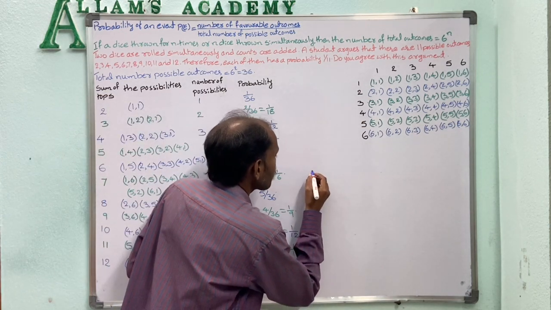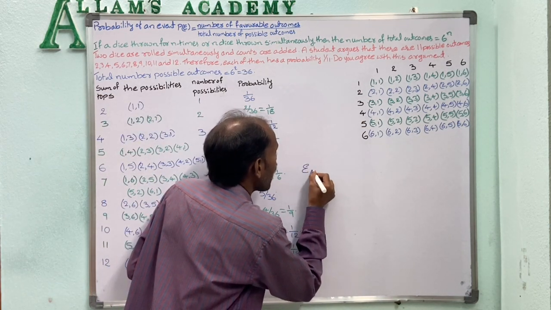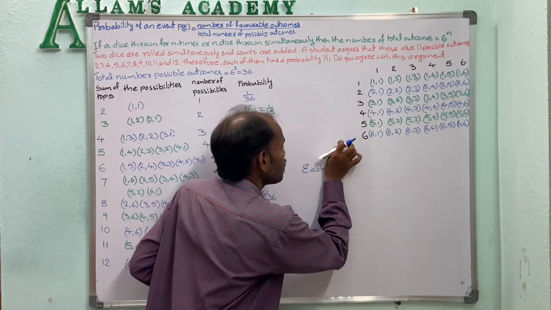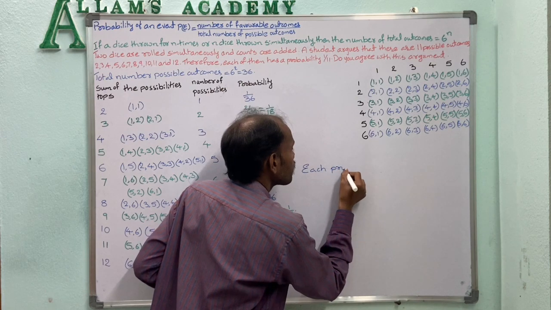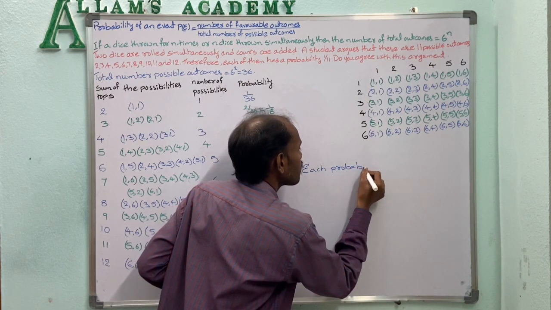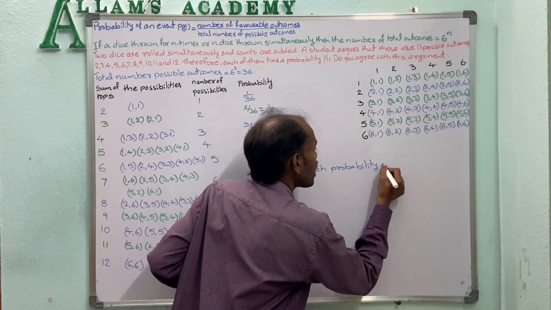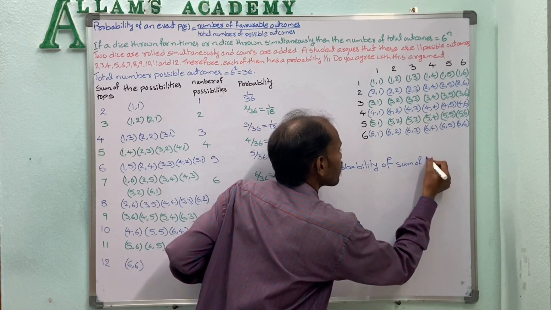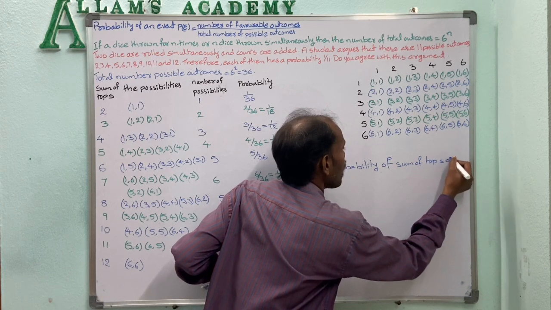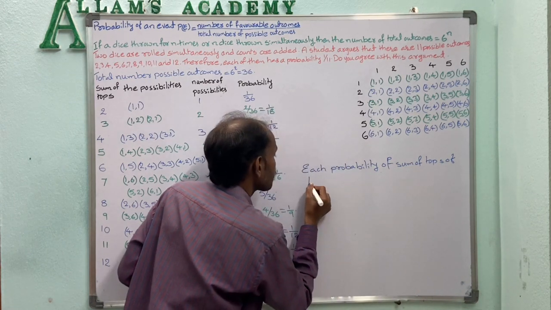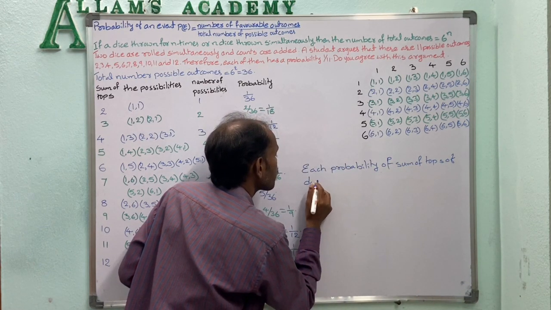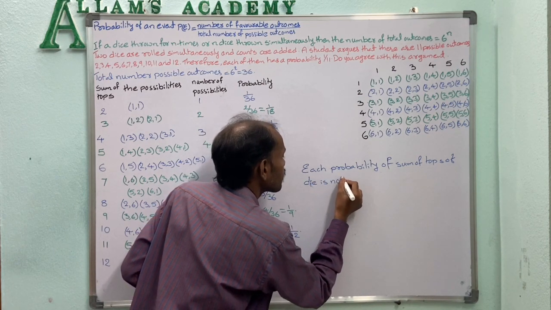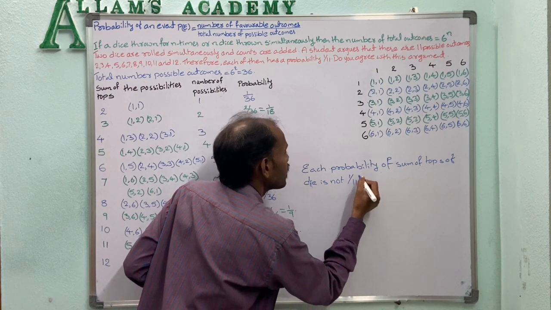So each probability of the sum of the tops of the dice is not 1 by 11.